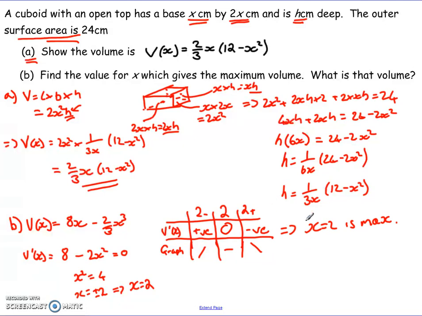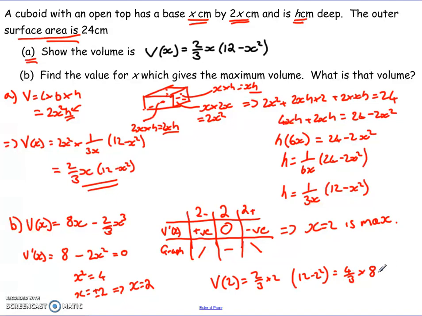What I can then do is calculate the volume from that. So I substitute that value into here, and I get my volume. So I'm then after v of 2, which I know equals 2 over 3 times 2, bracket 12 minus 2 squared. So 2 over 3 times 2 gives me 4/3 times, well, 2 squared is 4, 12 minus 4 gives you 8.